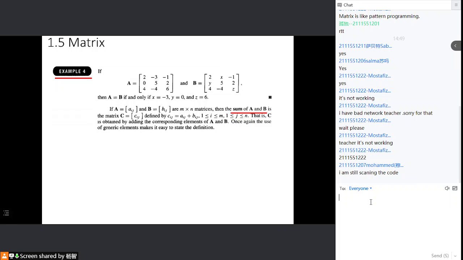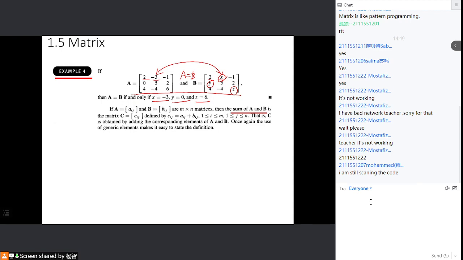If A equals B, every element in the corresponding location is equal. So we can get that X equals -3, Y equals 0, and Z equals 6. Is that right? It's very easy to check.